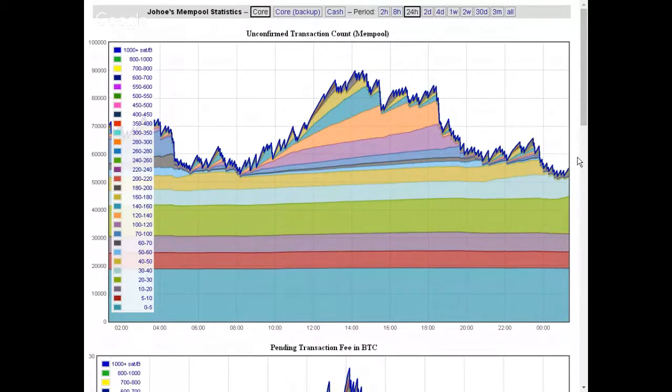Let's take a look at the mempool statistics here. This is the unconfirmed transaction count in the mempool, and it looks like you want to be right in this area or above this area, because everything else is just being built on top of that as far as transactions in the mempool. And what is that? That is above the green.